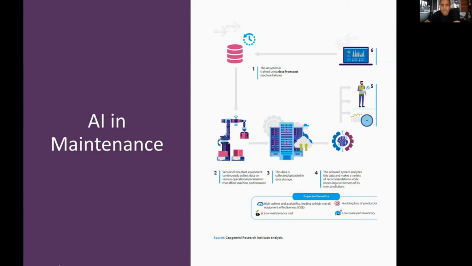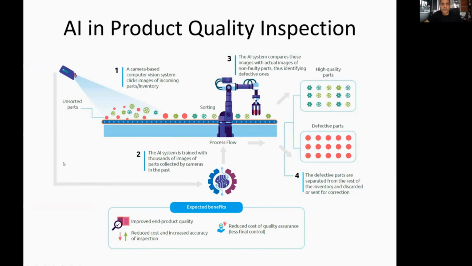Now look at something which is closer to home and what we specialize in at Qualitas, and that's AI in production quality, right? The basic steps: you have a bunch of parts in an assembly line or being manufactured. There is a camera using its imaging sensor capturing images.